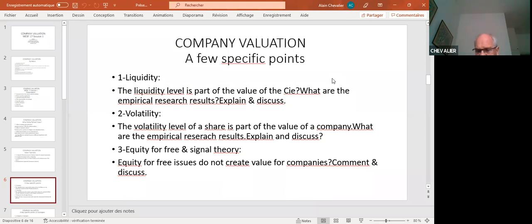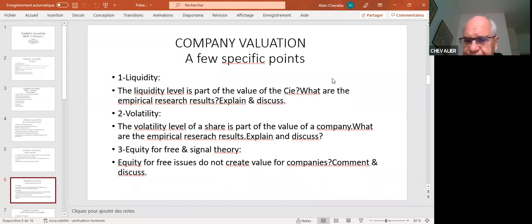And we explained that clearly, the price of a share generally is lower. That means it's more attractive for individual shareholders. And it is one way to modify the profile of shareholders with the introduction of new individual shareholders. And this introduction, with more players, more buyers, has a positive impact on the price.